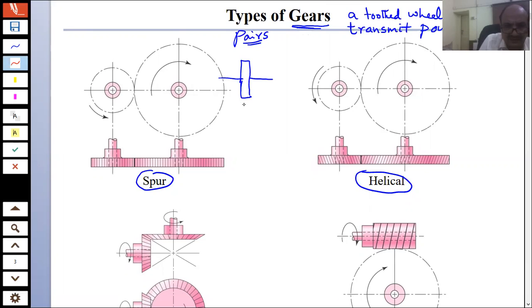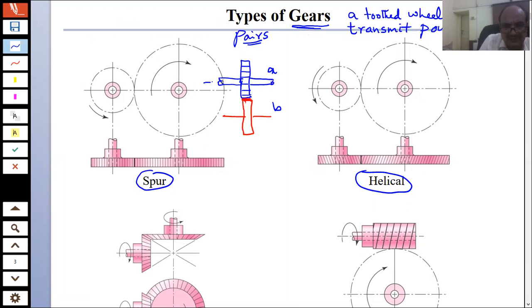For example, this is another gear that this is meshing with on another shaft. Let's say that this is shaft A and this is shaft B. So the teeth of these spur gears are parallel to the axis of rotation of the shaft. Rather, let me draw the shaft so that we can get a clear understanding.